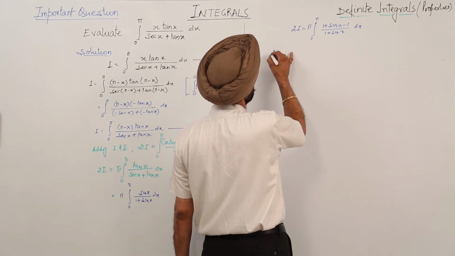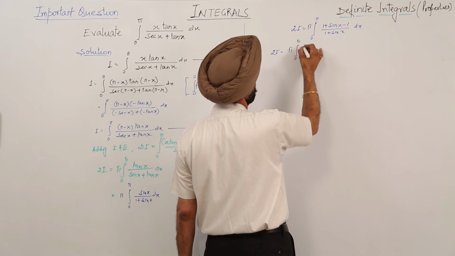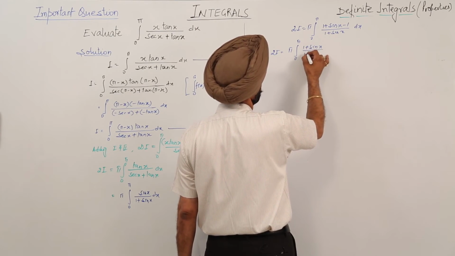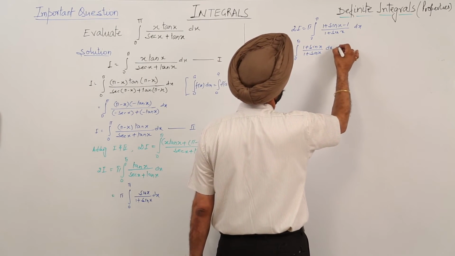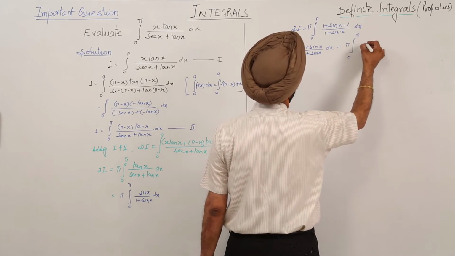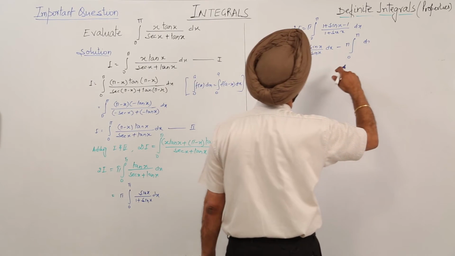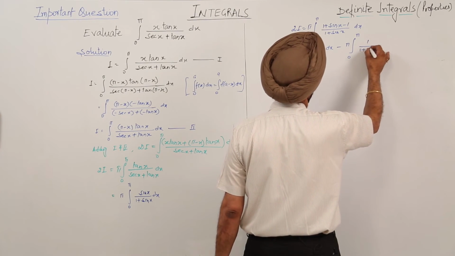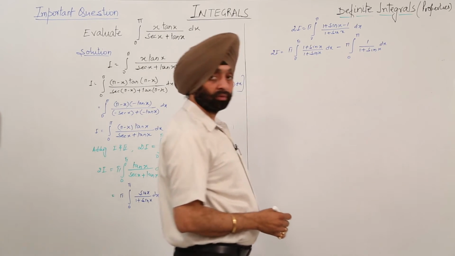Now what it becomes? 2I is equal to pi, integral 0 to pi of (1 plus sin x) upon (1 plus sin x) dx, minus pi, integral 0 to pi of 1 upon 1 plus sin x dx. Okay.